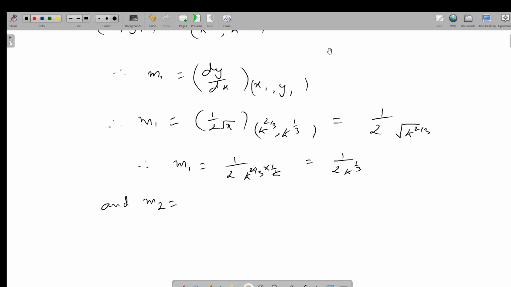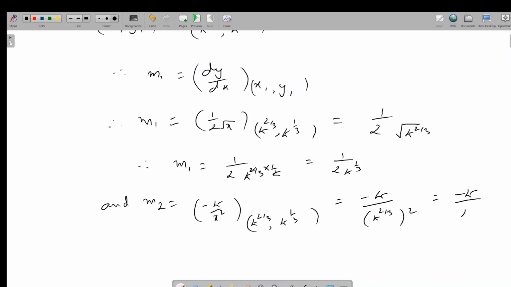So minus k over x square, and we have to find that slope at the point (k raised to 2 by 3, k raised to 1 by 3). So this will give us equal to minus k over square of x, that is k raised to 2 by 3 square. So this will give us equal to minus k over k raised to 4 by 3.